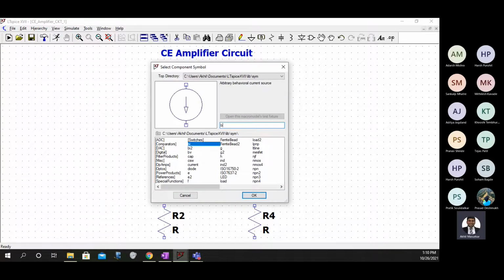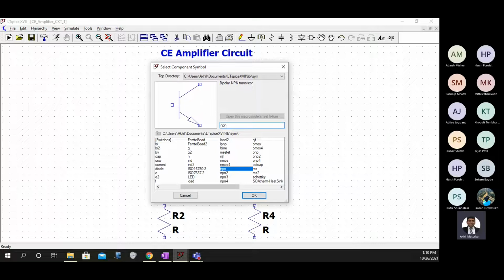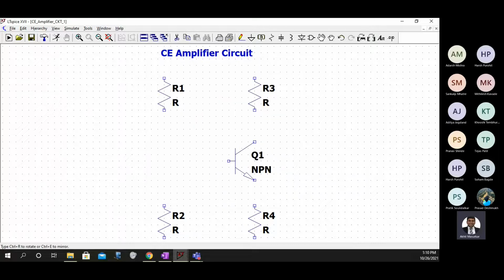We want a BJT, so we'll put a BJT. We'll write NPN, and I'll put it here. And then you should join this using the wires.